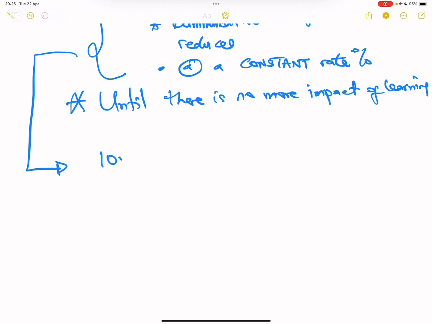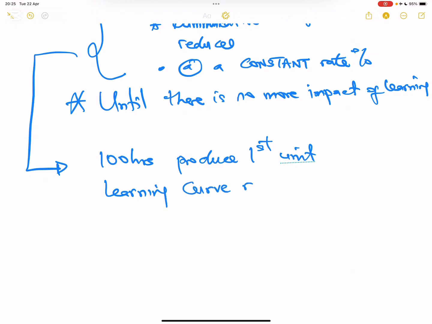So let's say 100 hours, you would need to produce the first unit, right? And let's assume that the learning curve rate, which usually is denoted as R, is 80%.